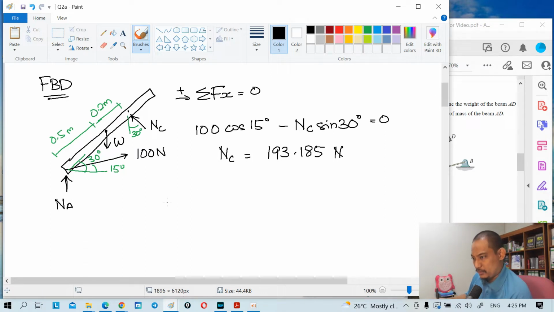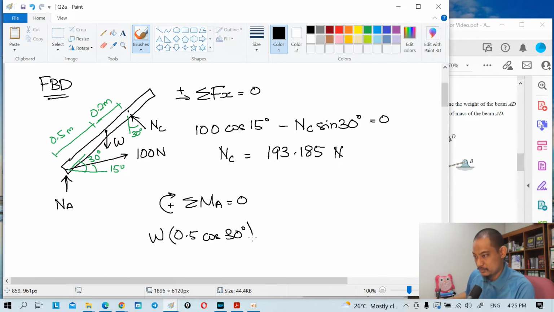Having that, because NC you already have, then you can take summation of moment about point A equal to 0. If you take clockwise as positive, W is clockwise, right? So W times the distance of 0.5 cos 30 degrees.